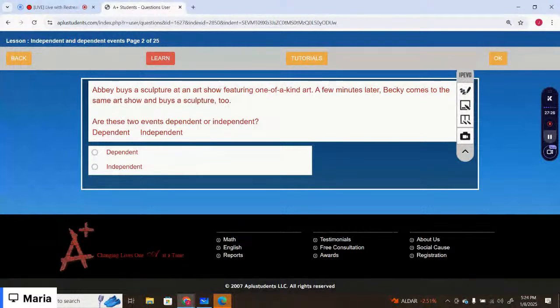Abby buys a sculpture at an art show featuring one of a kind art. A few minutes later, Becky comes to the same art show and buys a sculpture too. Are these two events dependent or independent?